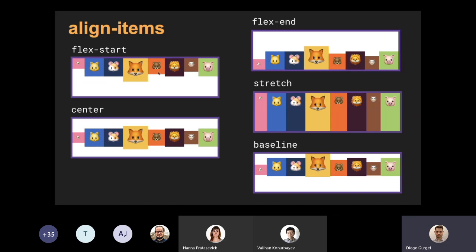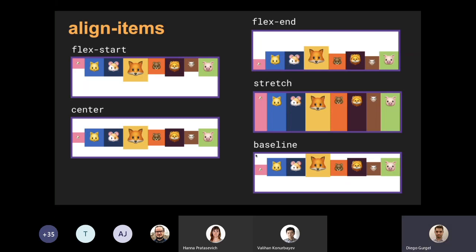I set the fox to be a little bit bigger on purpose, because if I have the same size here, I won't be able to see the difference of alignment. For example, flex start will align all the items at the start, but if they are the same size, you can't see the difference. Same with flex end and center, and also stretch, which is the default property.